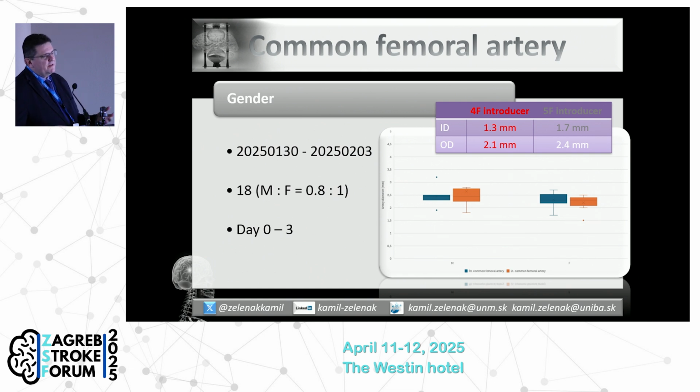But of course, in neonates, you can theoretically use only a 4 French introducer with an outer diameter of 2.1 millimeters. When we checked 18 neonates in this time period, you can see a slight difference between the right and left side and between boys and girls.